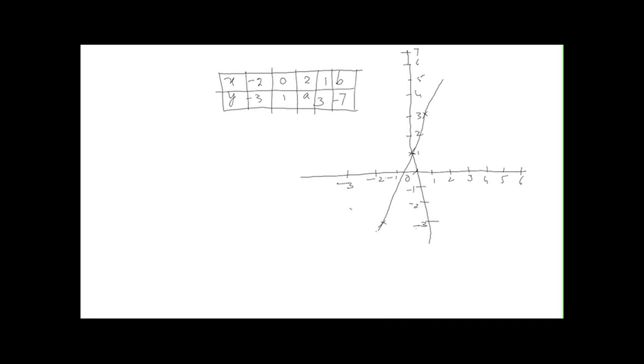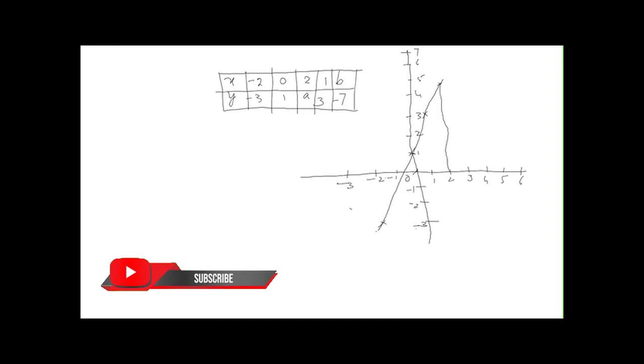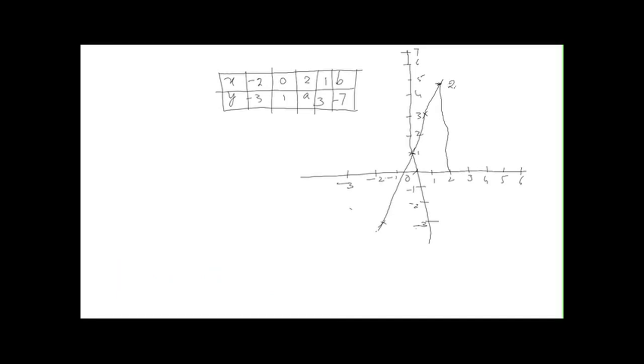What we will do is we will join it. So from 2, you draw a perpendicular. Where it cuts the line will be 2 comma a.